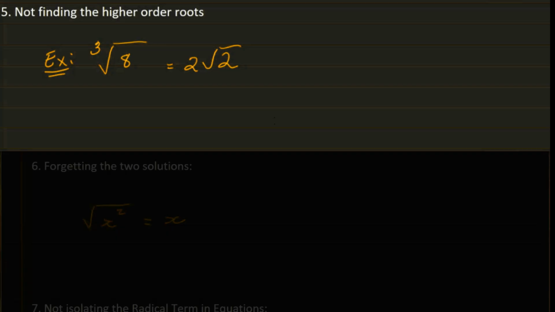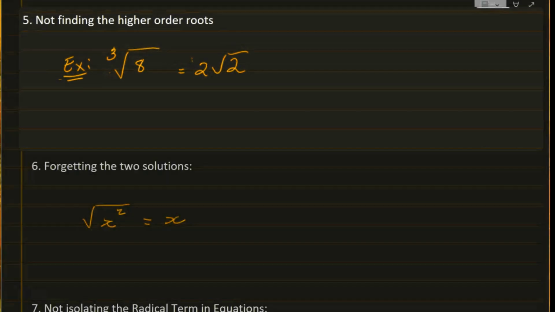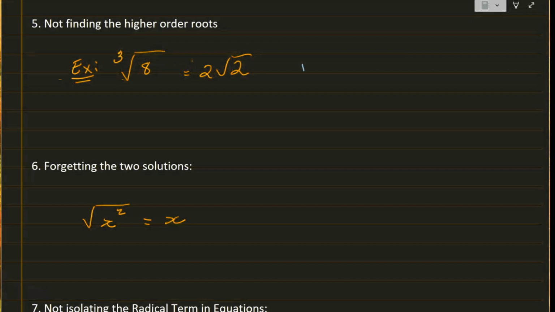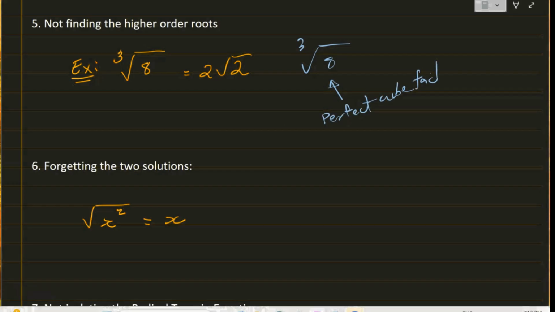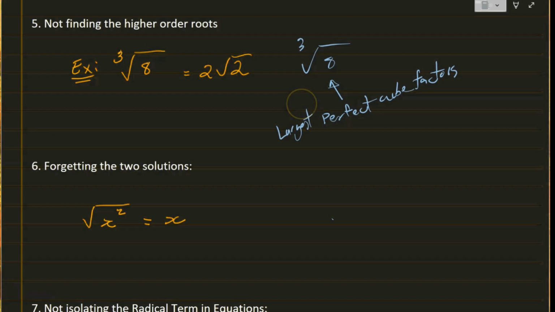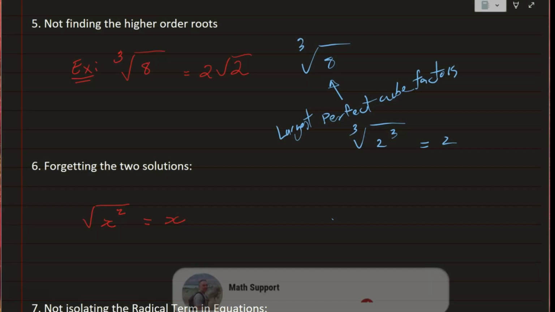But that's not true, because for cube root of 8, you must find the perfect cube factors and the largest one. Okay, so what is the largest cube factor of 8? Well, 2 cubed. So that becomes cube root of 2 cubed. Well, that's 2. That's not 2 root 2. So that's why you have to be aware of that.